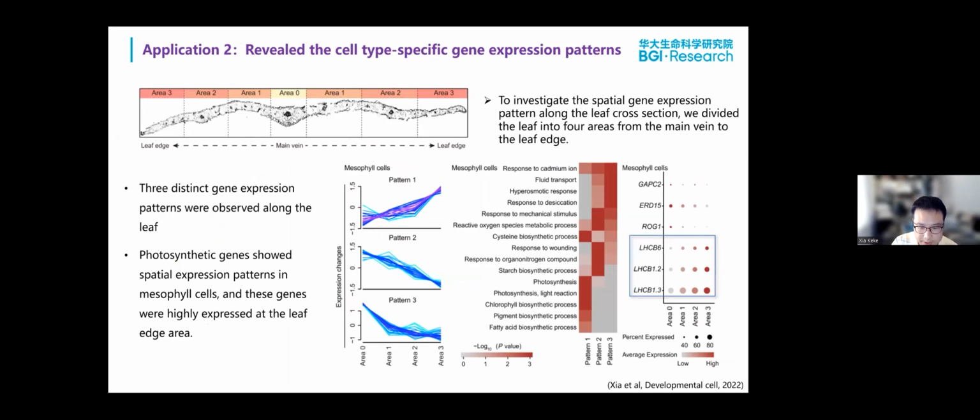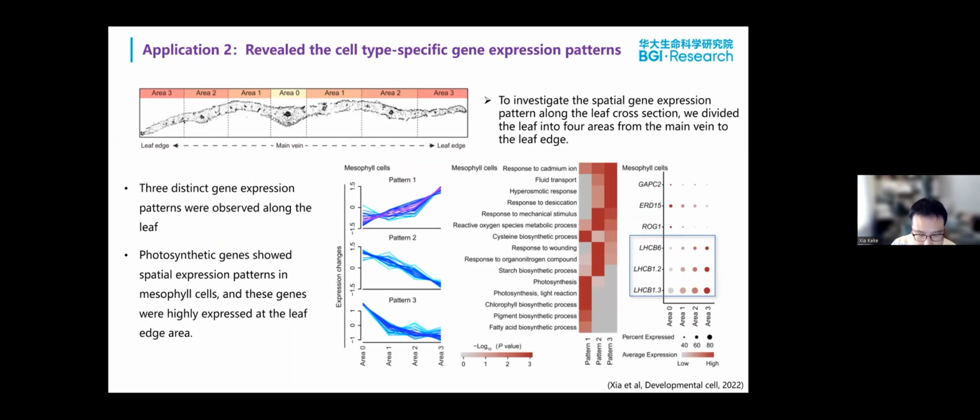Secondly, we tried to explore the cell type specific gene expression gradients from the main vein to the leaf edge. The leaf cross-section was divided into 4 areas from the main vein to the leaf edge. Interestingly, 3 distinct gene expression patterns in mesophyll cells from the main vein to the leaf edge were observed.